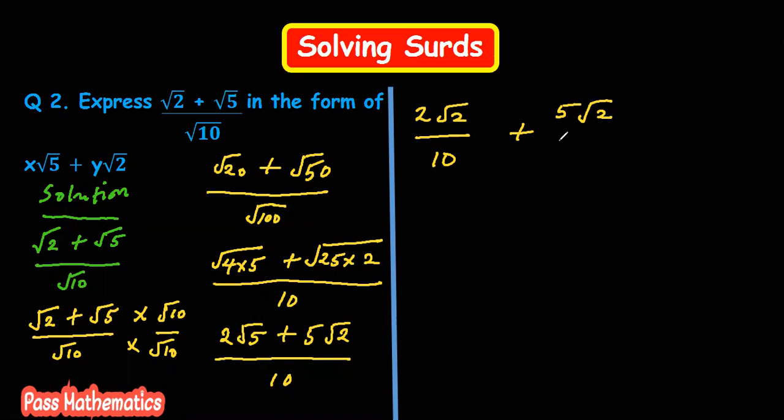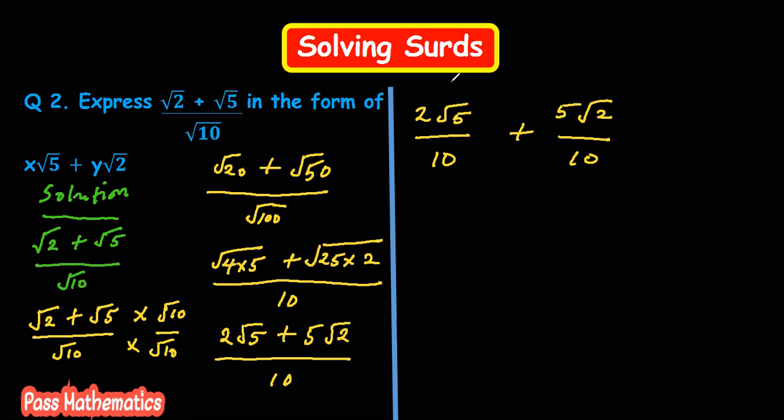I don't know why I wrote 2 here, so I'm going to correct that. This should be 5 root 2, and the first is 2 root 5.